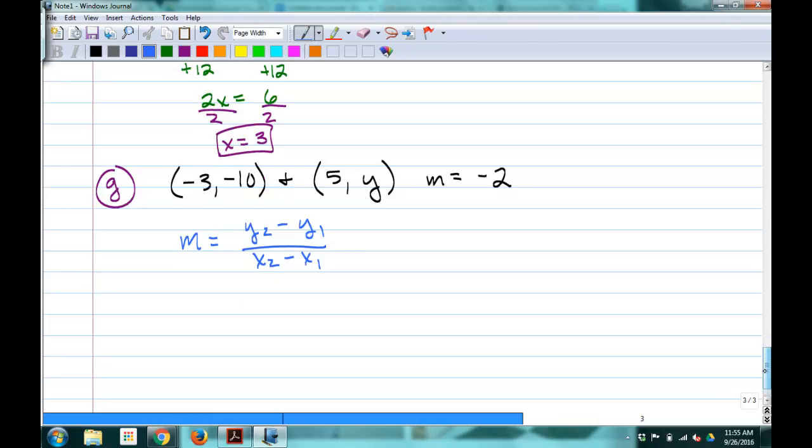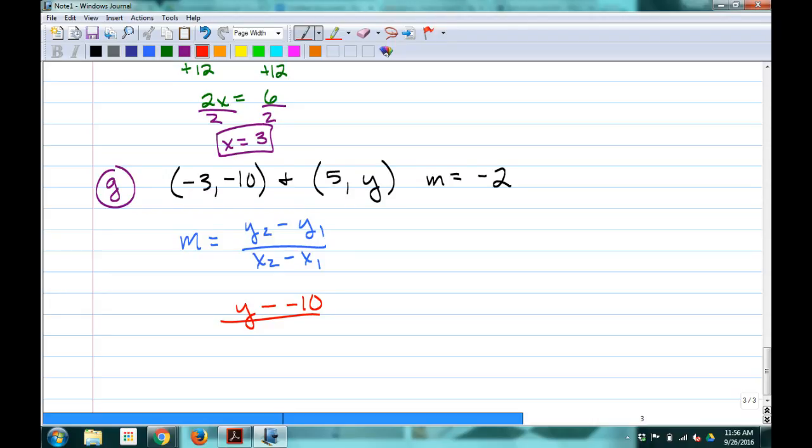Now let's plug in the stuff we know. What's missing in the ordered pairs? A y. So I'm going to put that in there first, and then that would be minus negative 10 up top. Even if it's not the second ordered pair, I'm always just going to use that first. Y minus negative 10.